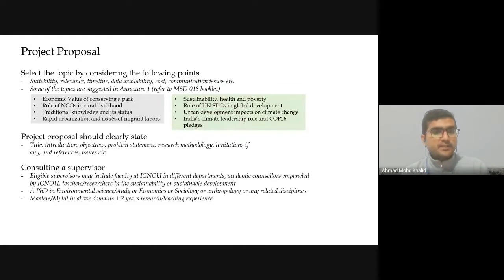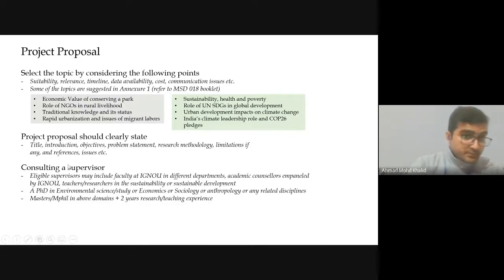The topics are not limited to the ones given in the booklet. It can be anything, like the role of UN's SDGs in global development, or urban development impacts on climate change. Recently, COP26 happened and countries made pledges, so someone may think of India's climate leadership role and COP26 pledges. It's endless. The only thing you have to take care of is that it's relevant and can be done within a stipulated time.